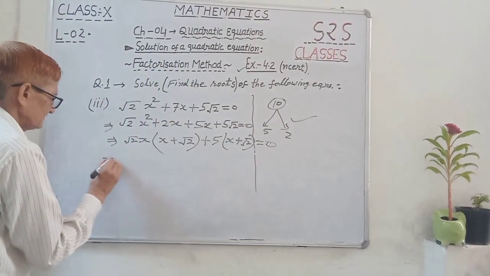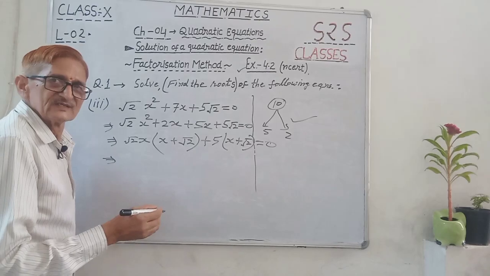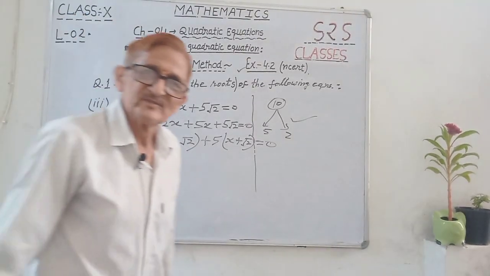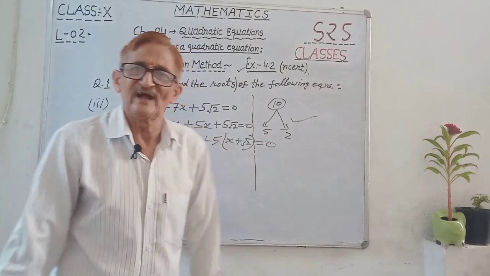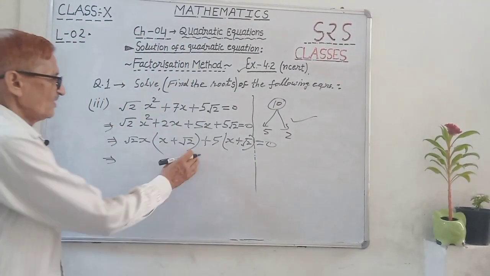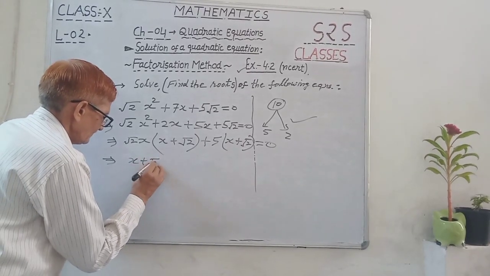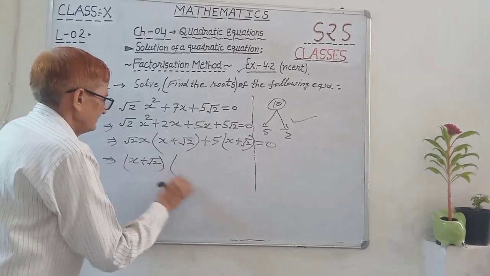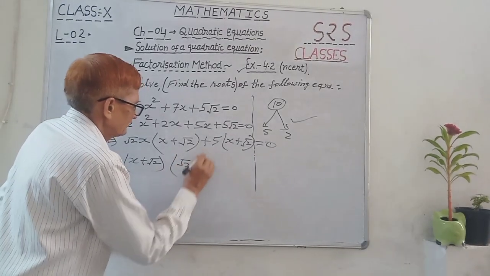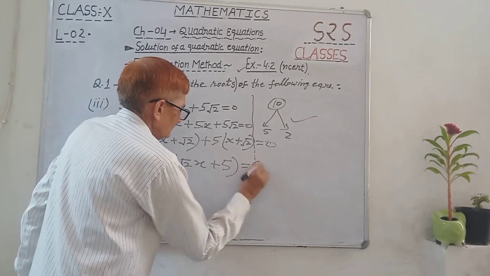Okay, then this x plus root 2, x plus root 2, this is the common factor in both. Be careful: we find the common factor from the first two terms, and then from the last two terms. Now the common factor is x plus root 2, then left here is root 2x plus 5 is equal to 0.